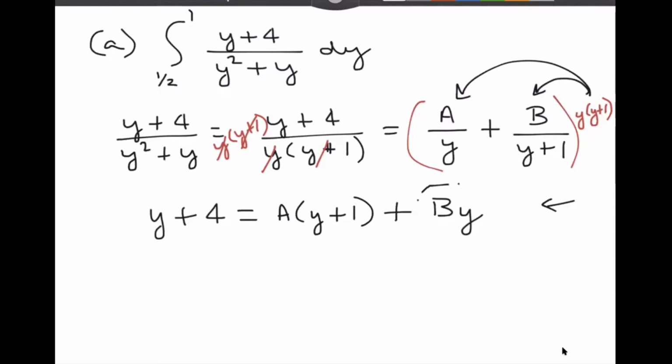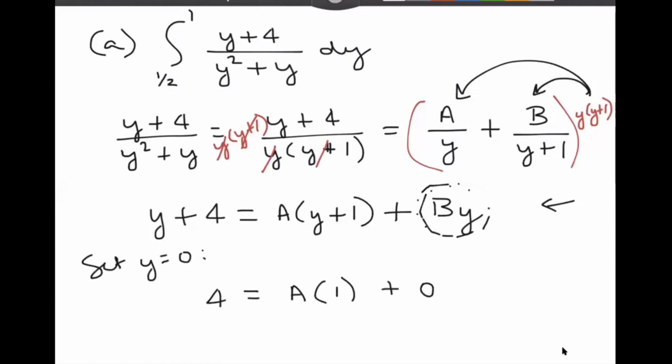if I use y equals 0, that's going to make that term drop out, and it should tell me exactly what a is. So setting y equal to 0, that gives me 4 equals a times 1 plus 0.